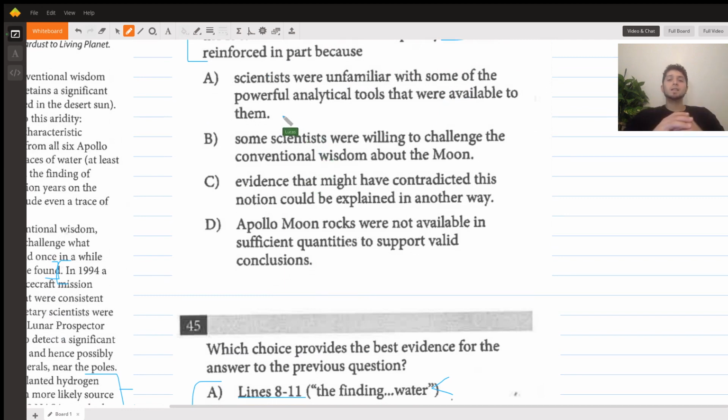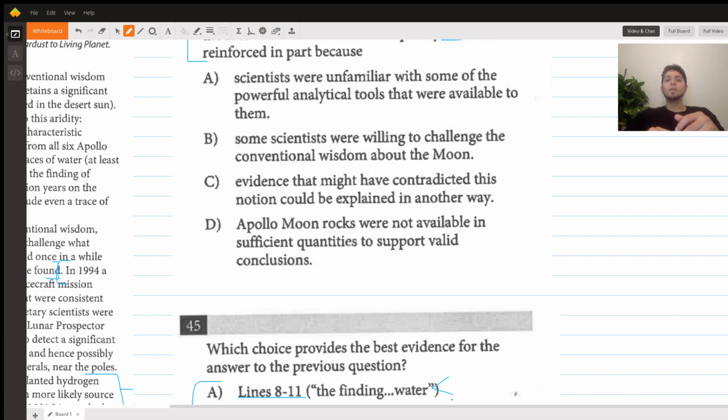So A says scientists were unfamiliar with some of the powerful analytical tools that were available to them. And if you remember from the rest of the passage, I think this is kind of true, because the evidence that confirmed that there is water on the moon came from, I think it's called an ion microprobe.